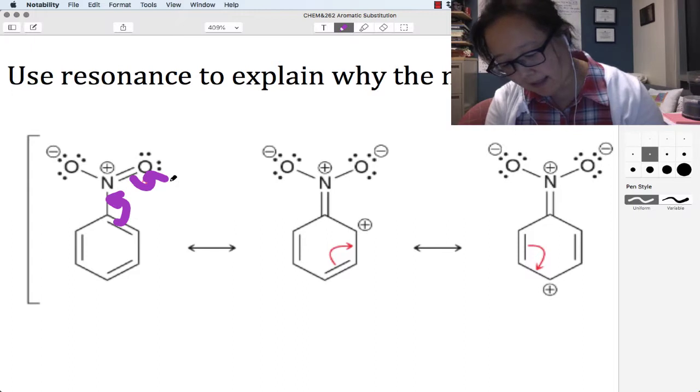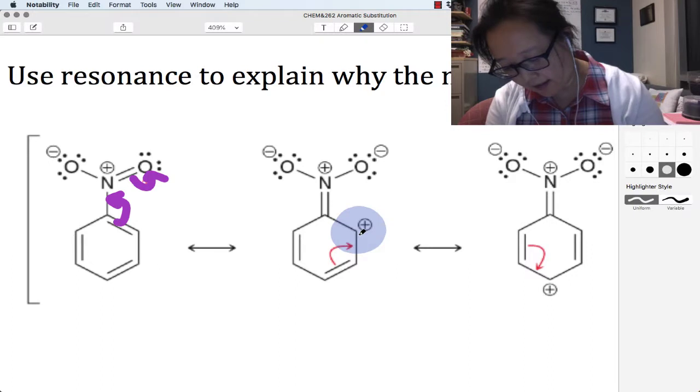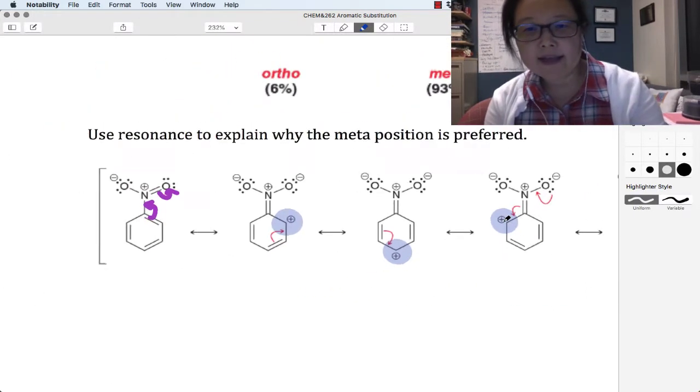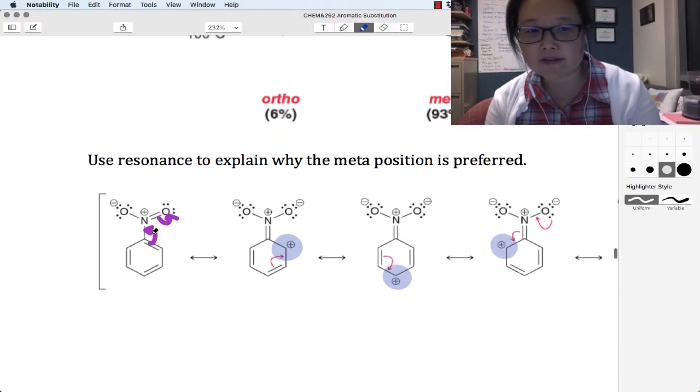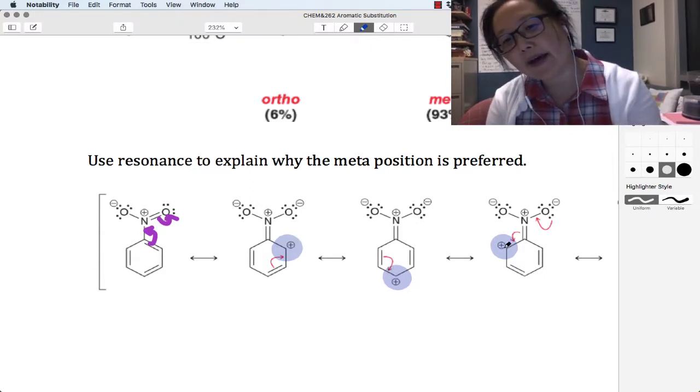And that makes these positions here more positive. Now, the benzene acts as a nucleophile in all of these addition reactions, substitution reactions, right? The benzene attacks. Well, it can't attack if it's positive.